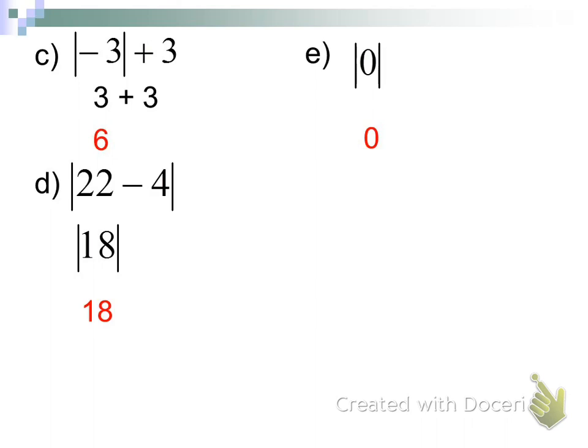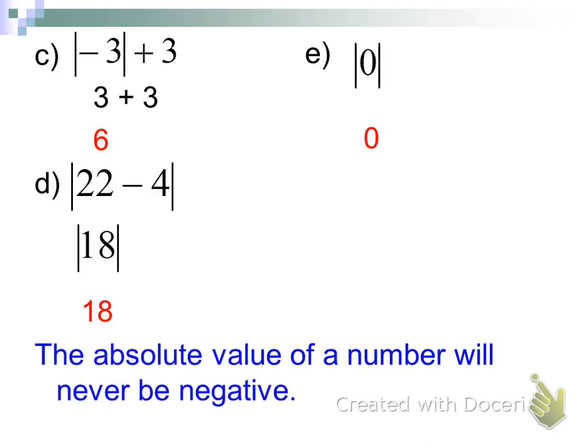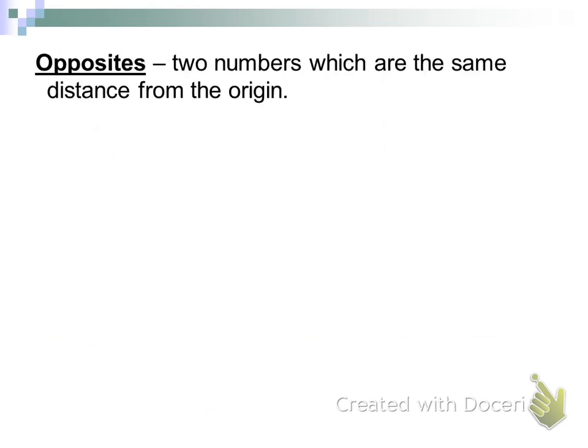I know, I'm getting lost in the definitions. Absolute value can't be negative. That's how I should have said it. There it is. Absolute value cannot be negative. What are your questions?